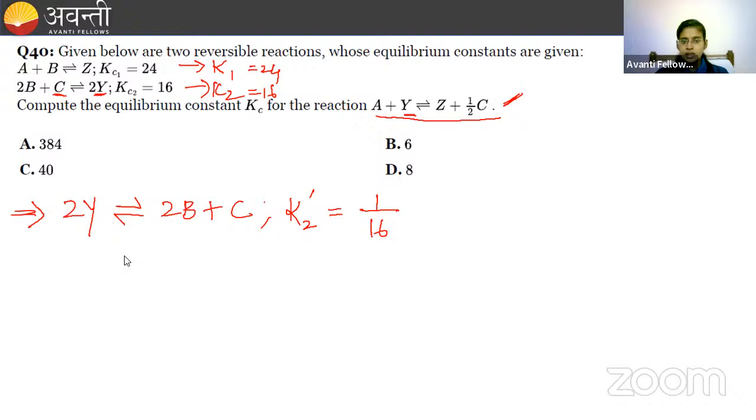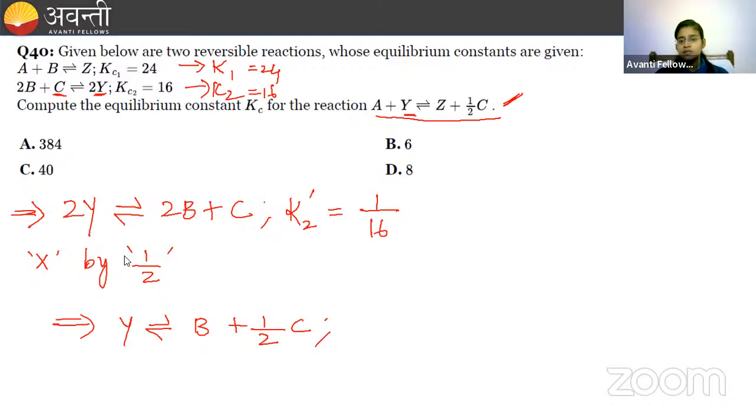If I multiply this equation by 1 by 2, I will get Y in equilibrium with B plus 1 by 2 of C. Since I have multiplied by a number, that number has to go to the power. So K2 double dash is equal to 1 by 16 to the power 1 by 2.